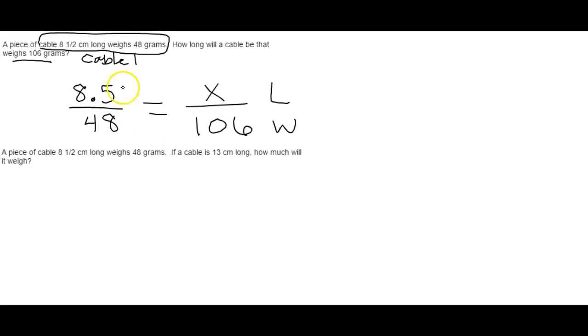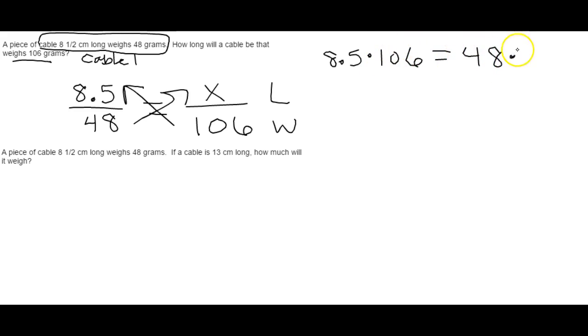So once we've set up a proportion, to solve it, we cross multiply. We do 8.5 times 106. And we do 48 times x. So 8.5 times 106 is 901. And 48 times x is just 48x.